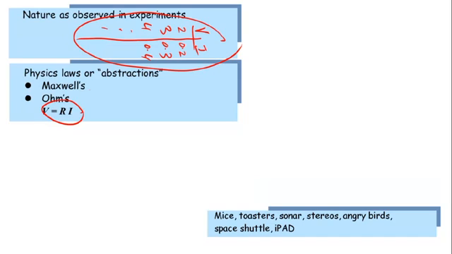Other phenomena are described by Maxwell's equations. And these equations, now, whether it's Maxwell's, Ohm's, or classes of other equations, think of these as succinct expressions or learning from those reams and reams of data. So here, these equations can be thought of as abstractions for those tables of data.